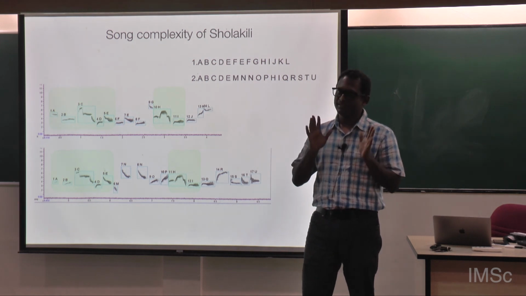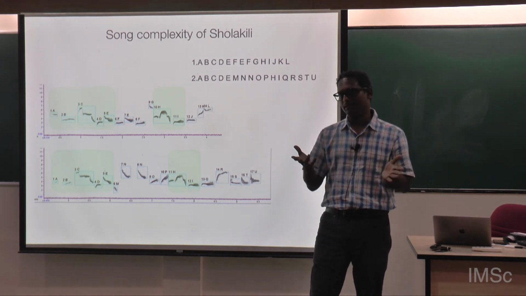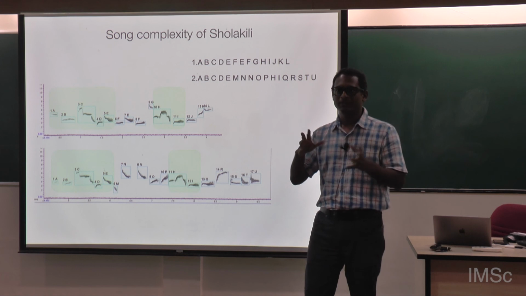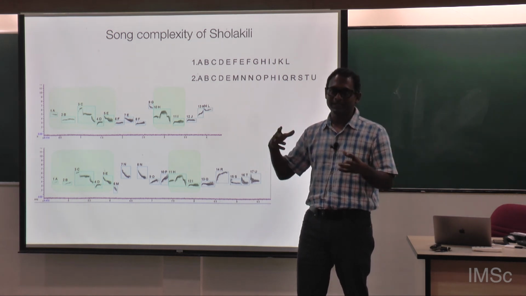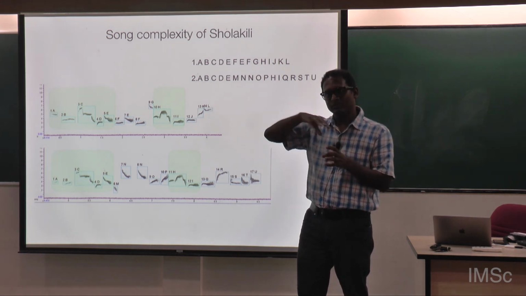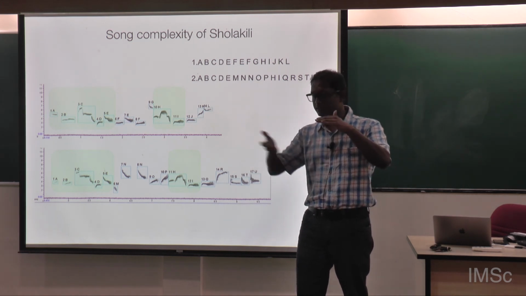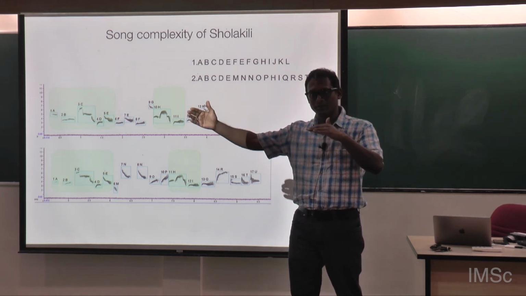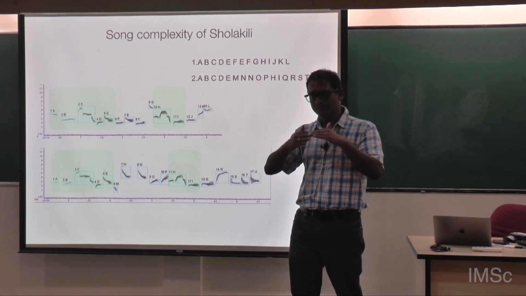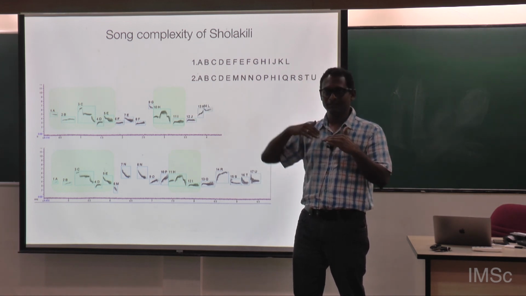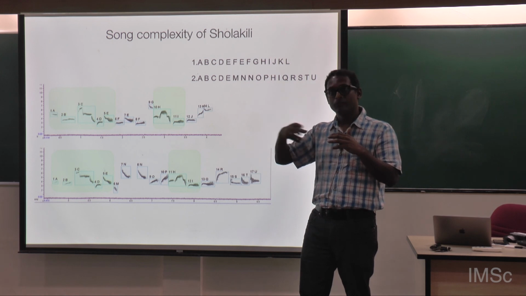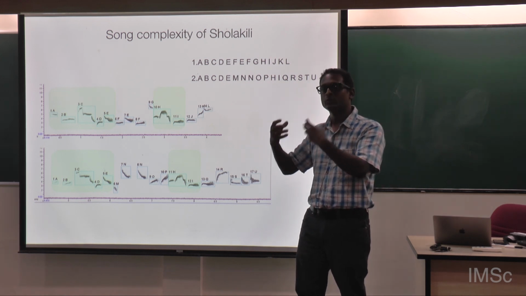So definitely there is some learning, and some kind of social learning must be there, because you can see that the dual syrinx usage changes as you go from one place to the other. So with distance, the frequency of dual syrinx usage changes.